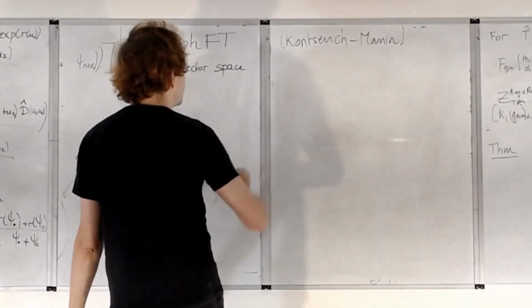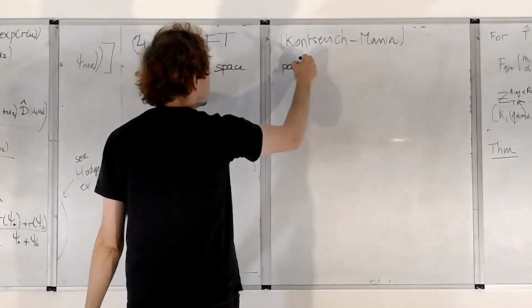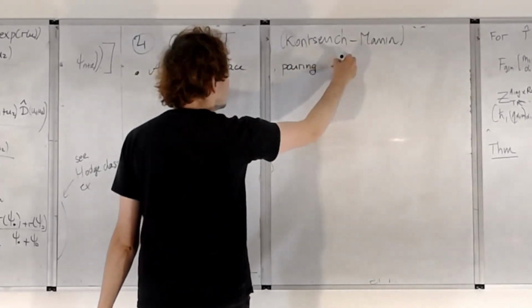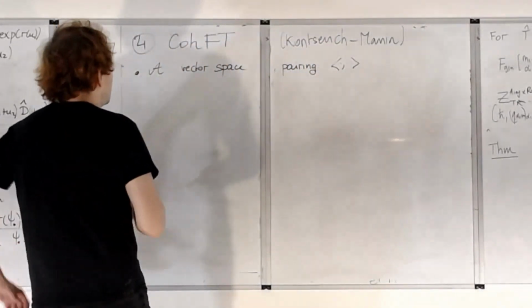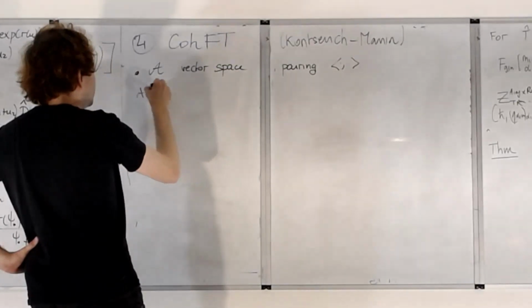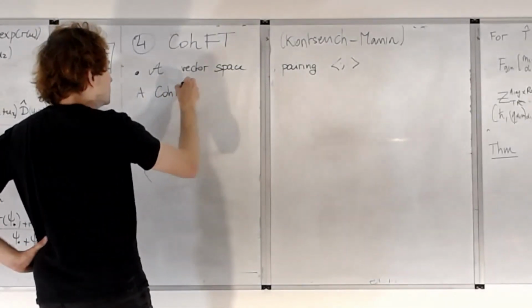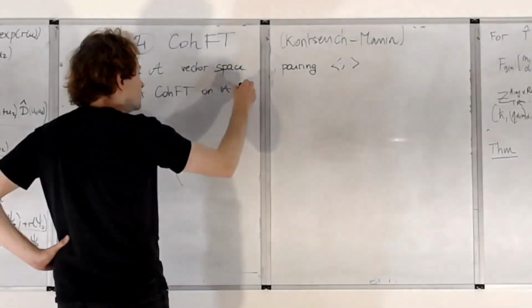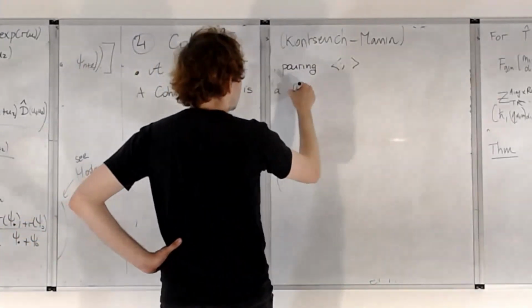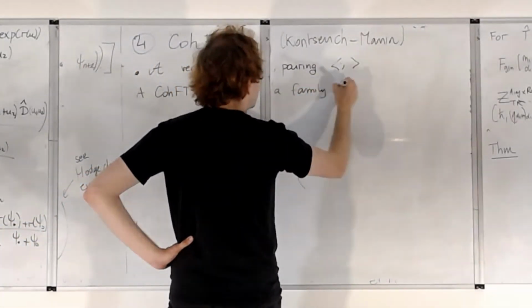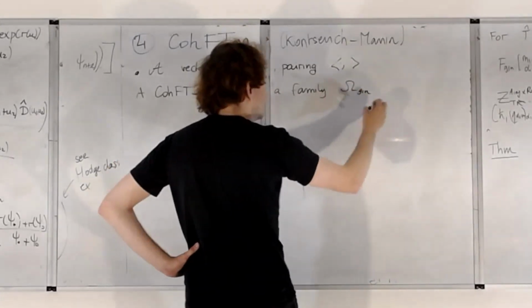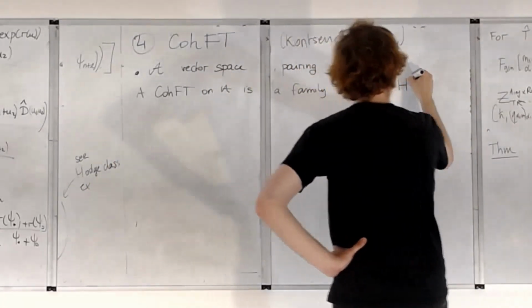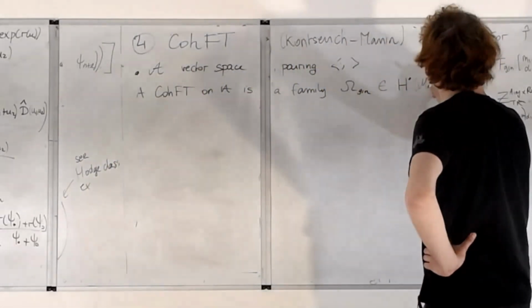So take a vector space with a pairing. A CohFT on A is a family of classes when you insert vectors.